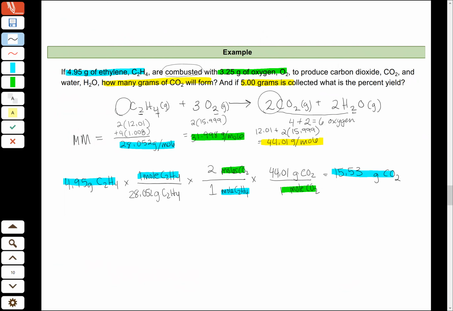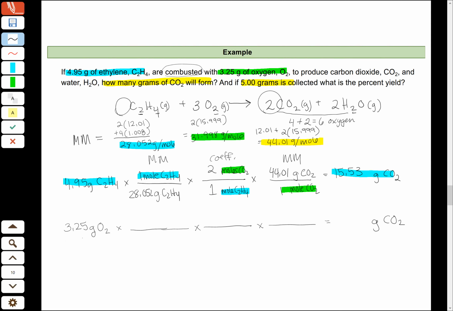So I'm starting with 3.25 grams of oxygen. I'm going to do the same setup as before. I'm going to have 3 conversion factors, and I'm going to end up in mass of CO2 in grams. I'm going to follow my pattern I'm seeing evolve here, which is molar mass times coefficients times molar mass.